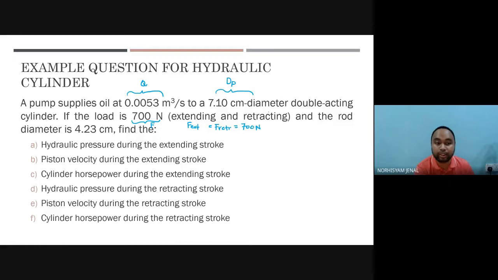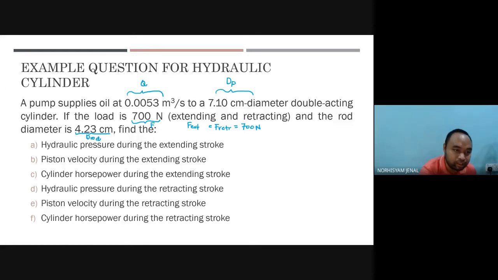And the rod diameter is 4.23 cm. So this is D rod. Find the hydraulic pressure during the extending stroke, piston velocity during the extending stroke, cylinder horsepower, hydraulic pressure, piston velocity during the retracting stroke.